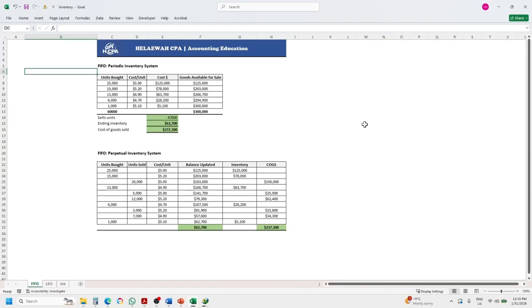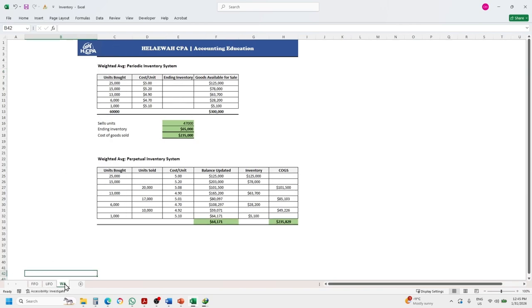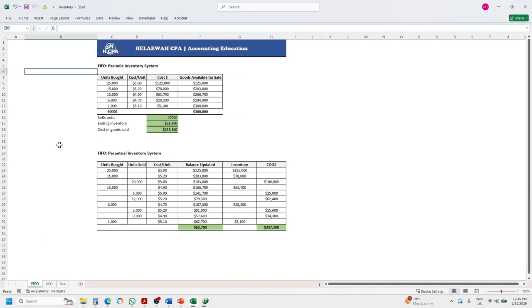Moving now to Excel to do the example. It's going to be the same example for FIFO in both systems, LIFO, and weighted average. For the FIFO periodic inventory system, we bought 60,000. At the end of the year, we count what we still have in inventory, and we find out that there is only 13,000. From that, we know that we sold 47,000.